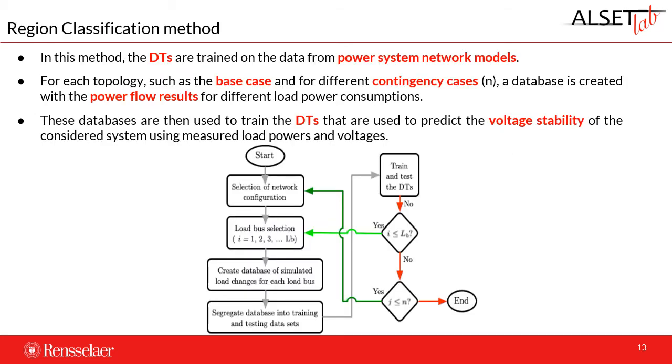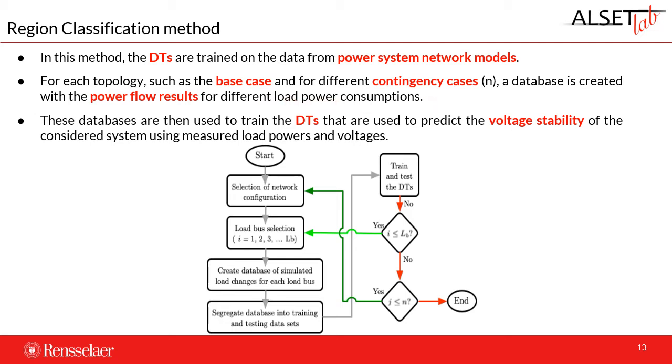Now in the region classification method, the decision trees are going to be trained on data obtained from the power system network models. For each topology, there is going to be a base case, and for different cases of the contingencies, a database is created with all of the power flow results for different load power consumptions.